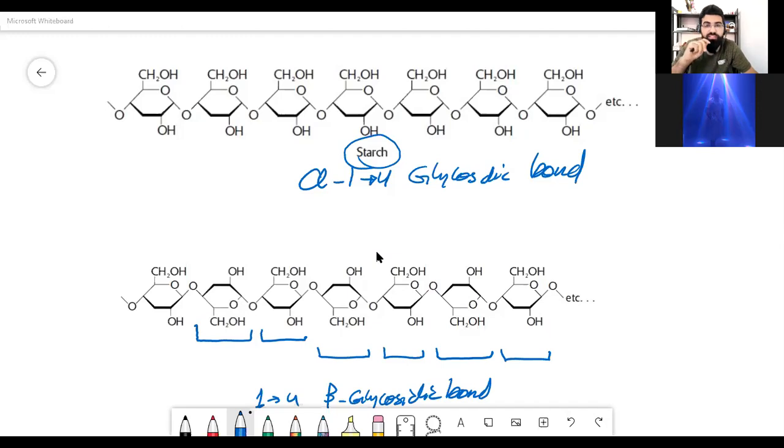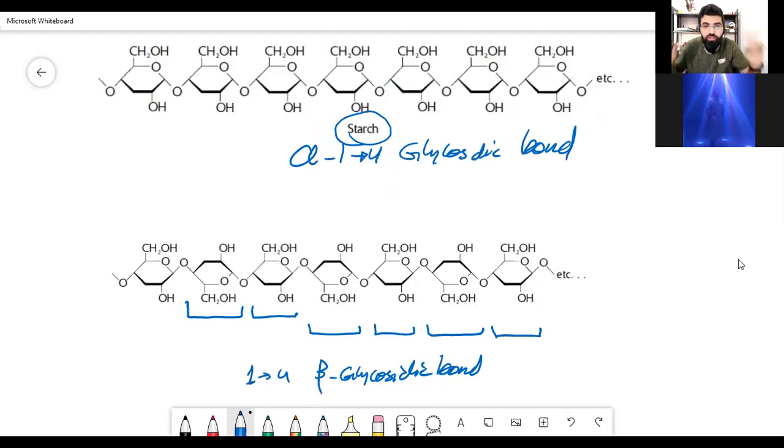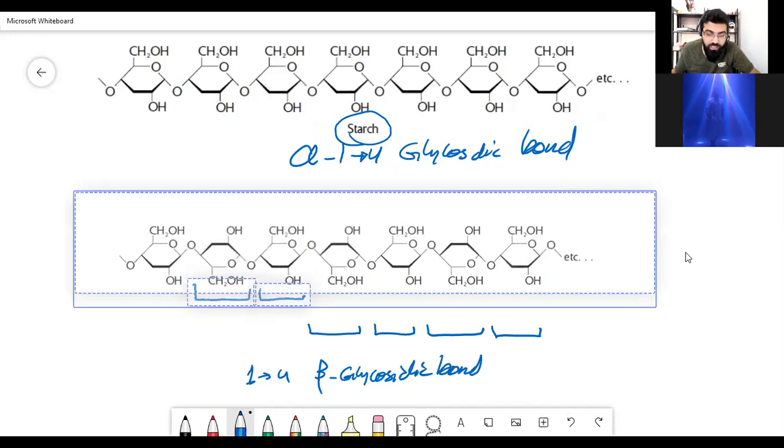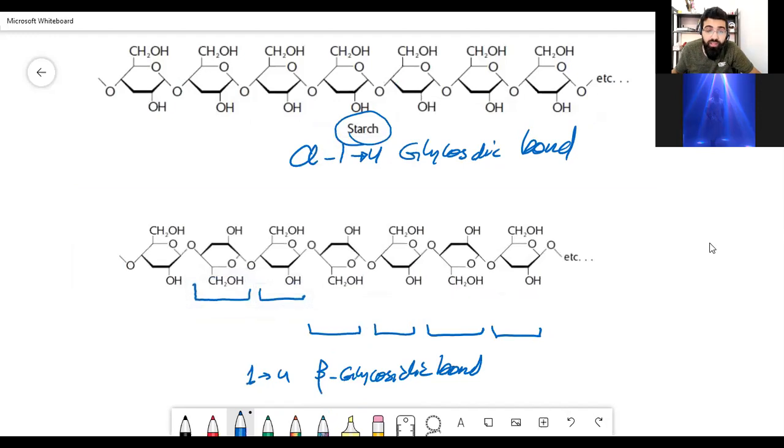We don't have these bacteria in our guts. So if you eat cellulose, which we call fibers, your body does not digest it, because we don't have the enzymes or the bacteria able to digest it. Okay, guys? Beta glycosidic bonds are not the only thing that makes cellulose tough.